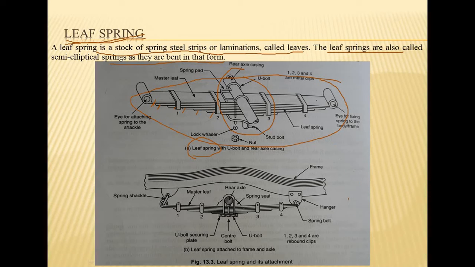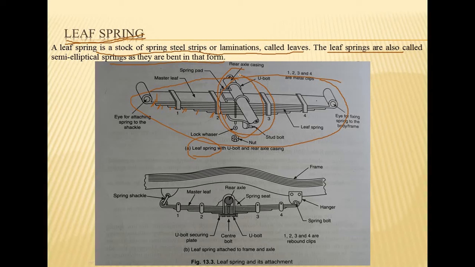Their stacking from the bottom is in order from shortest to longer leaf. So here the length of the leaf is shorter, and it increases as the number of leaves increases toward the top side. Second characteristic, the stack of leaves is fastened together at the center with a center bolt or a rivet.